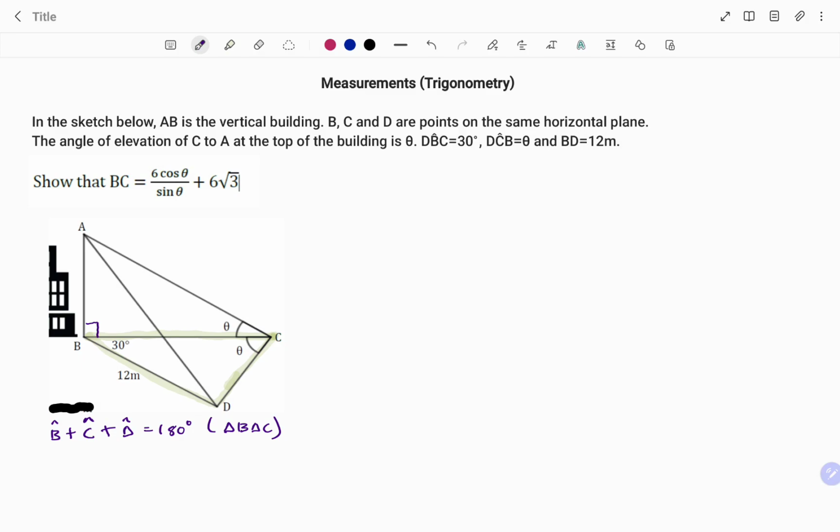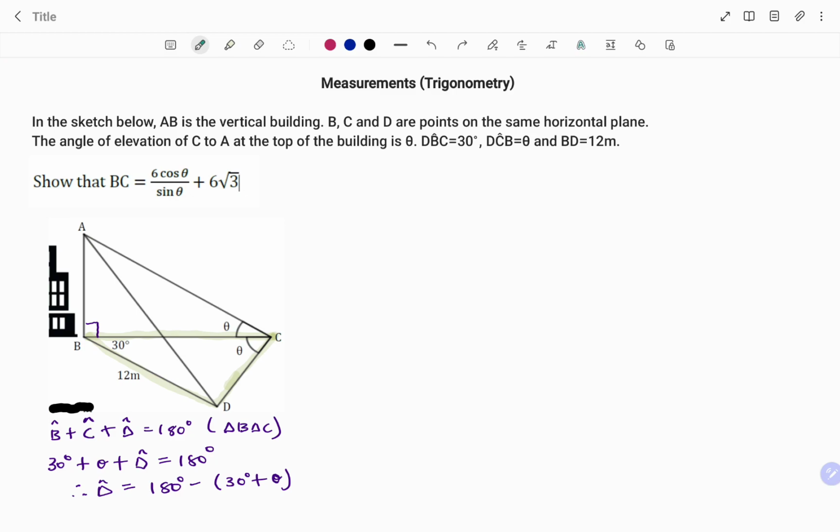Therefore, we know the angle at B to be 30 degrees. Angle at C has been given as theta. We have to find angle at D. So making D the subject of the formula, angle D equals 180 degrees minus (30 degrees plus theta).